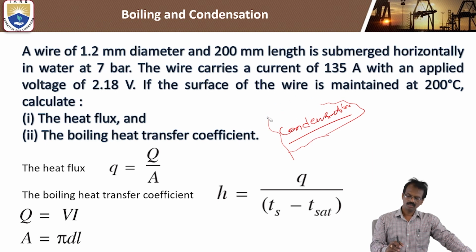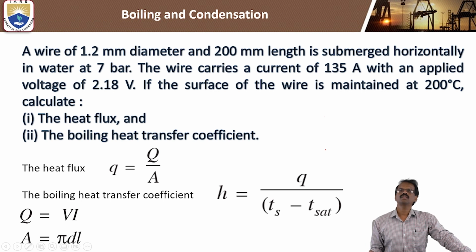In boiling, the liquid is converted into vapor. In condensation, the vapor is converted into liquid. In boiling, heat is taken in the form of latent heat to change the phase. In condensation, that latent heat is given to the solid surface.